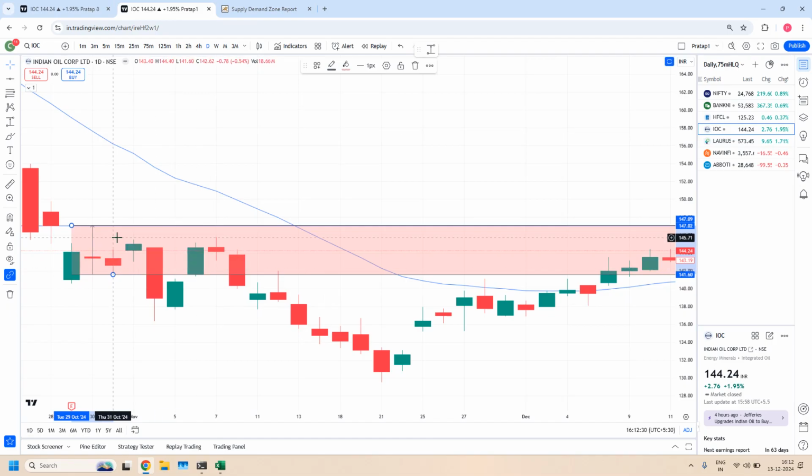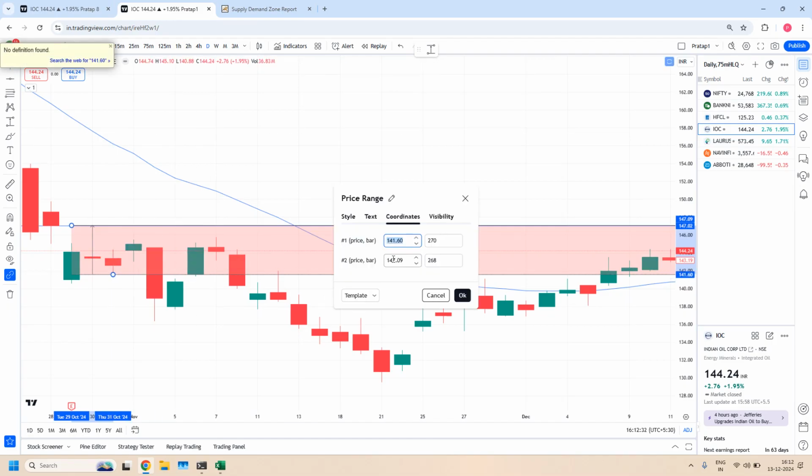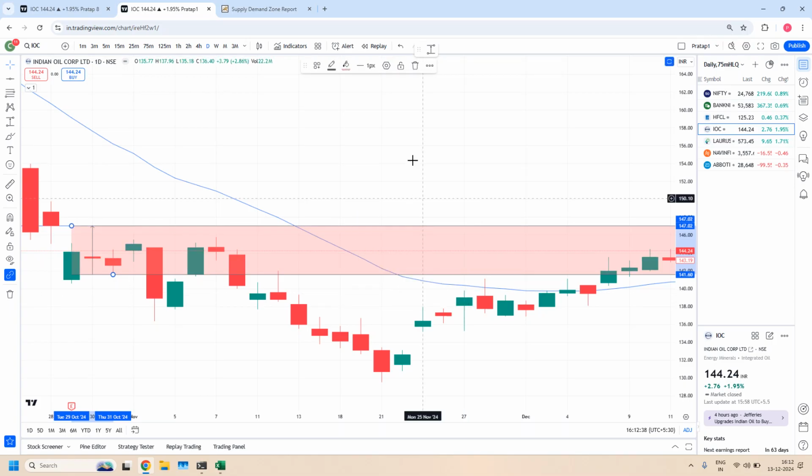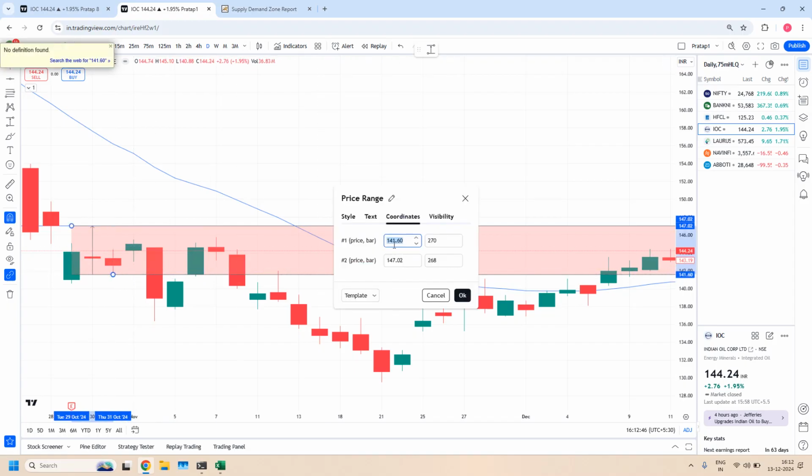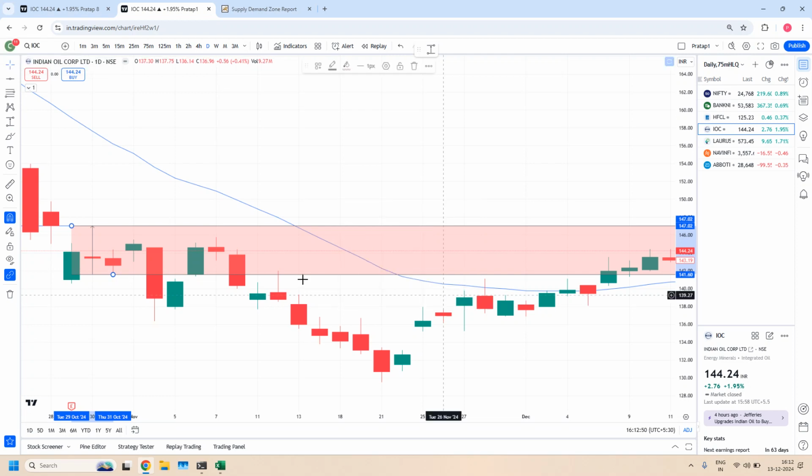If I draw the zone like this, maybe a little extra I have drawn. Okay, this is perfect. Now you see, the highest wick of this candle, the high of this zone is 147.02. Till there we have drawn.